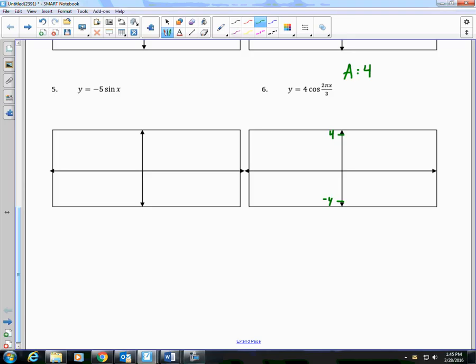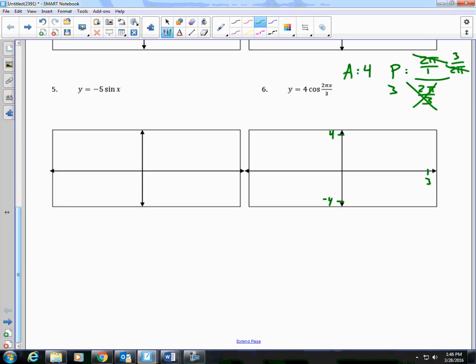The period will be 2 pi, I'll write it over 1, divided by, what is the number in front of x? 2 pi over 3. 2 pi over 3 is the number in front of x. I will multiply by the reciprocal, and I'm left with, write it as a fraction.